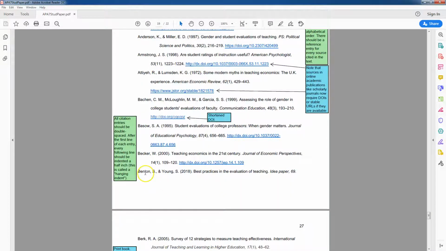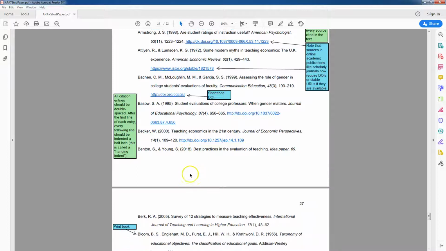Again, last name, comma, first initial, period, comma, space, ampersand, connecting the last author, last name, comma, space, first initial, period, space, date of when it was published. Article name is not in italics, but the publication is.